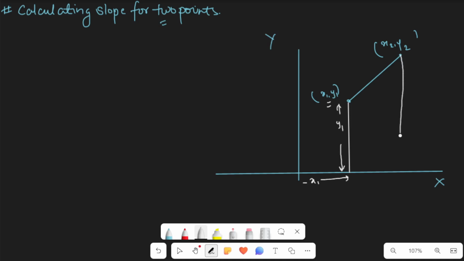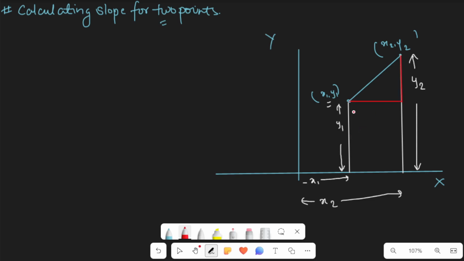Similarly, if we draw a perpendicular from here, this is our x2 value, and this is our y2. Now we calculate slope by using rise divided by run. We know this is our run, and this part here is our rise.